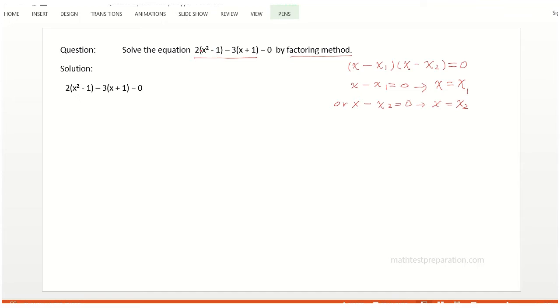Now, let us solve this problem. x squared subtract 1. By the difference of two squares formula, a squared − b squared = (a + b)(a − b).